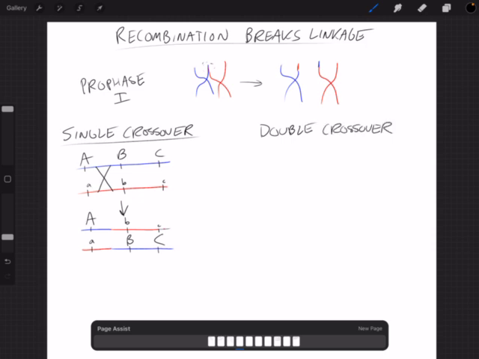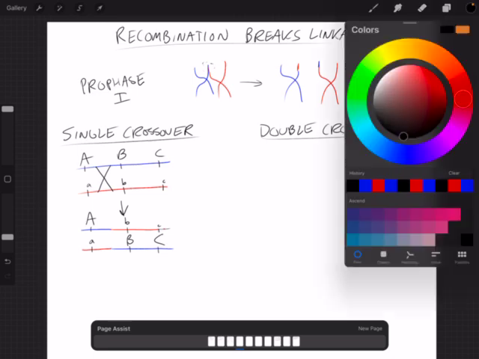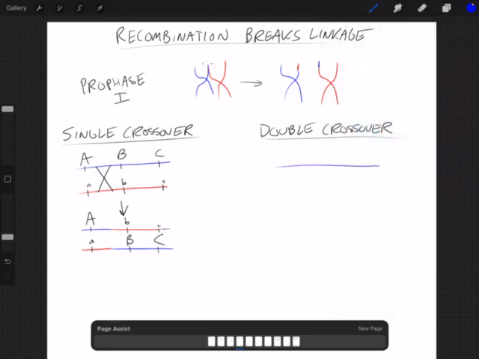Which, as the name might suggest, involves two crossover events. So let's draw that out.